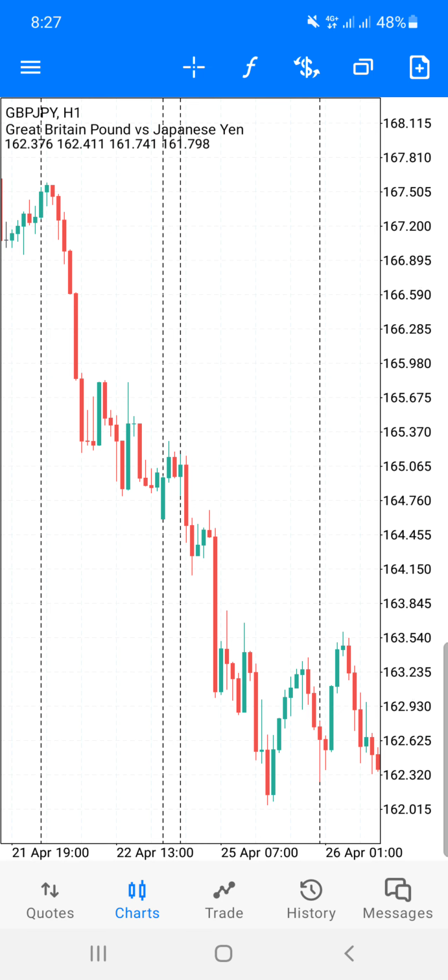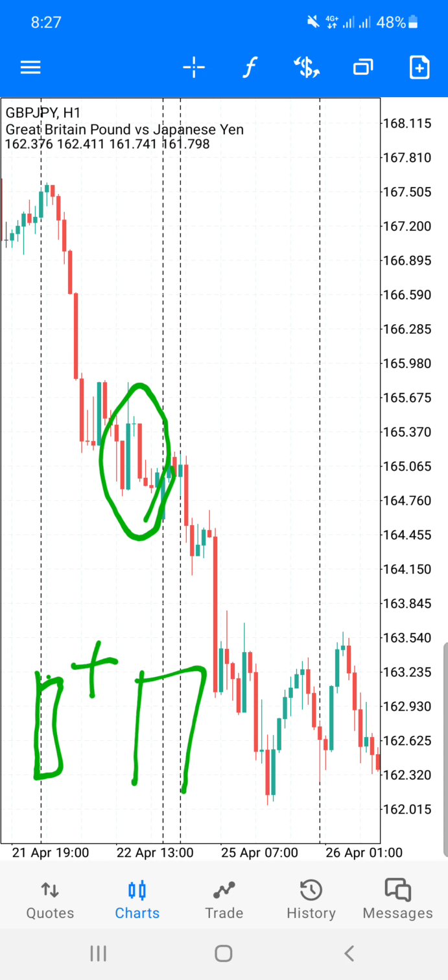Let's take an example. This pattern here, we have a big bullish candle, a doji, and a big bearish candle.